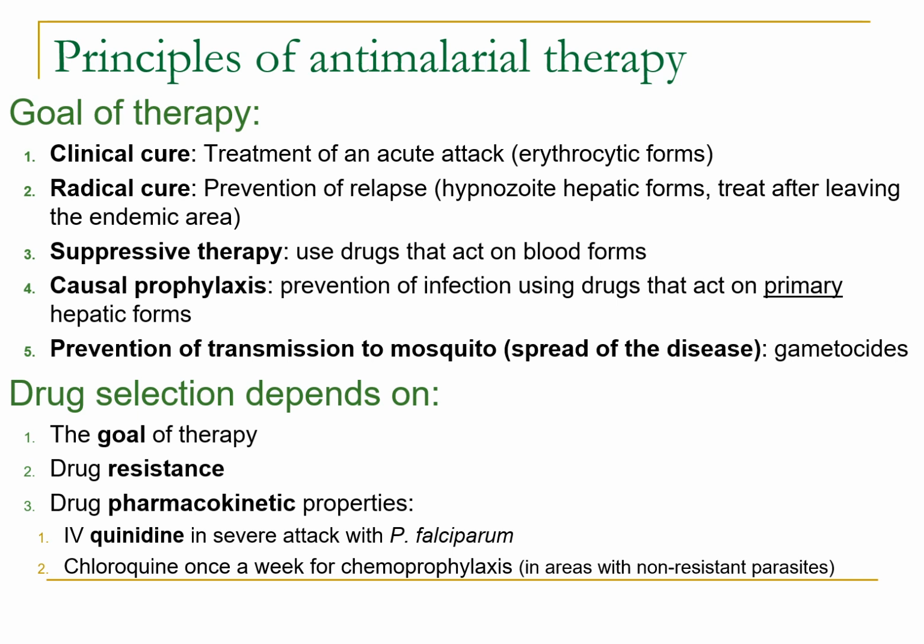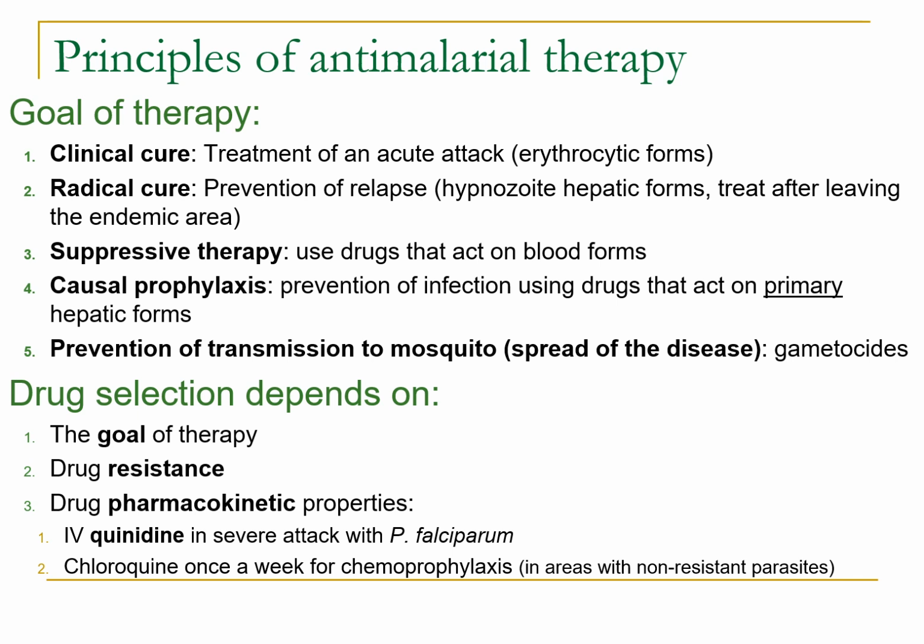This usually happens after we leave the endemic area, because once we are in the endemic area, we are bound to be reinfected. Are we aiming only for suppressive therapy, meaning that we don't want to have an acute attack every now and then? We want to make sure that we don't have any blood forms, although we may have tissue forms sitting there. Are we aiming for causal prophylaxis? And here I want to differentiate causal prophylaxis from chemoprophylaxis.